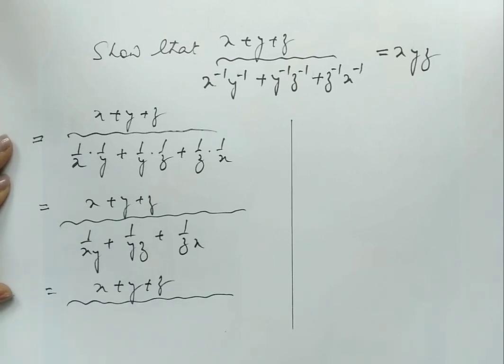Any idea? Of course, it will be xyz. I'm sure you have done this in the lower classes and you know how that goes. We have to find out the factors of x and y, y and z and z and x, and then we make loops and try to find out the LCM.